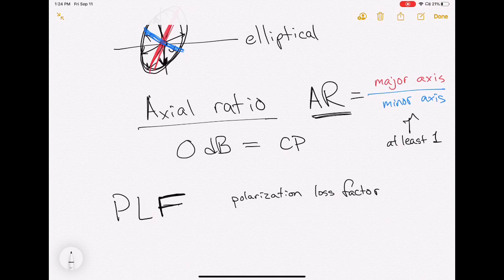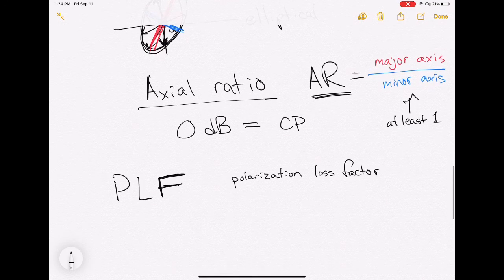The polarization loss factor is the square of the dot product of the polarization unit vectors of the transmit and receive antennas in your link. Obviously, these unit vectors should be in the same coordinate system. Usually it's in the coordinate system of the receiving antenna because that's where the reception actually occurs.